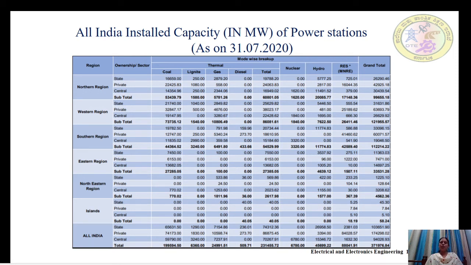From the other resources like renewable resources, MNRE, that is renewable energy, 88,041.91 megawatts. This is to give a clear picture how much energy we are generating from the various sources.